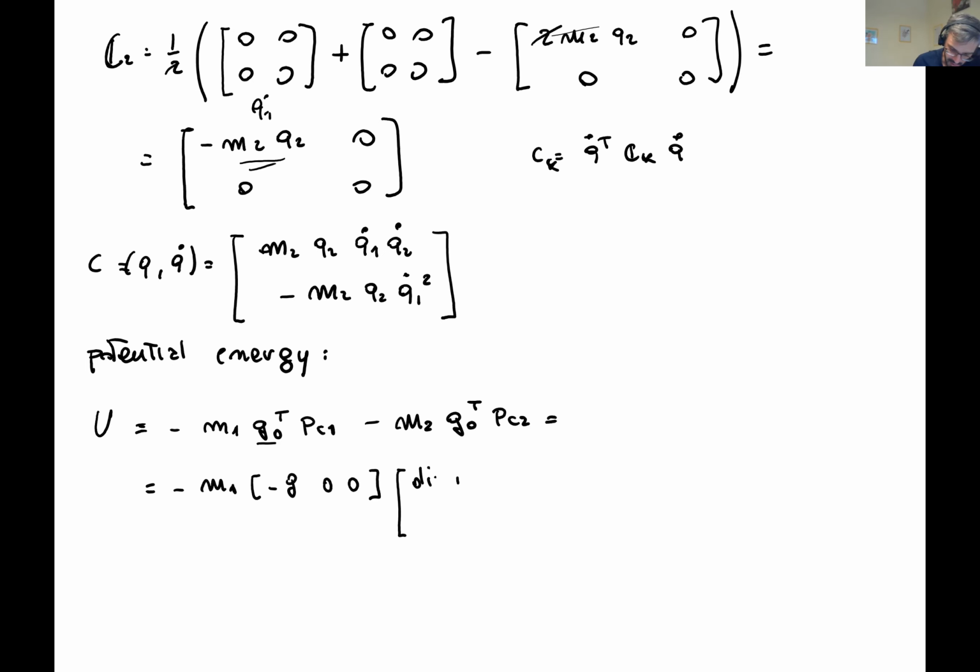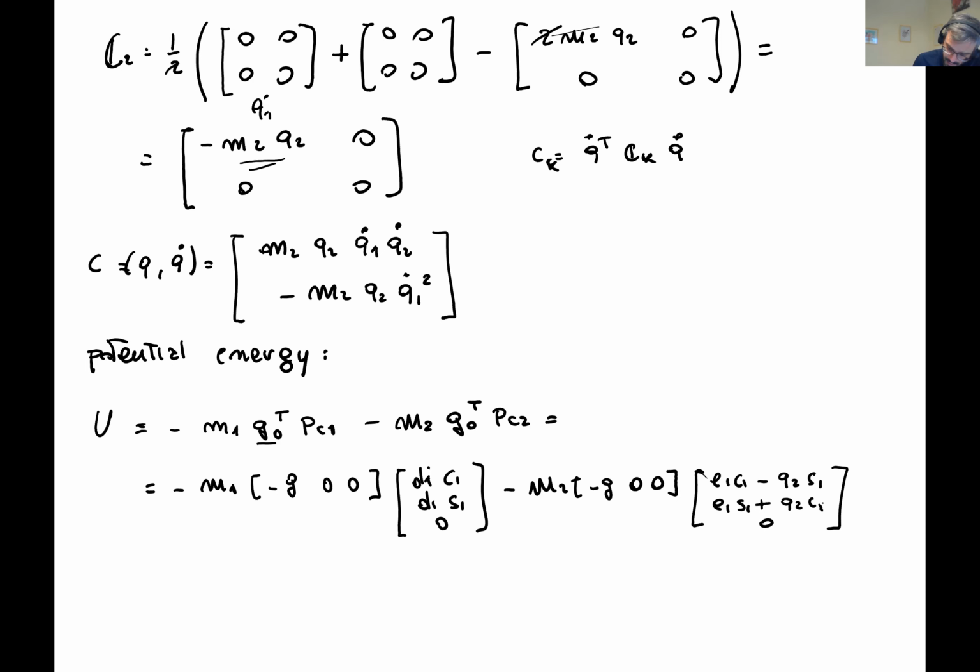Which we copy here: T1 S1 0 minus M2 again, minus G 0 0, and we have L1 C1 minus Q2 S1, L1 S1 plus Q2 C1 and 0, and this becomes M1 G D1.